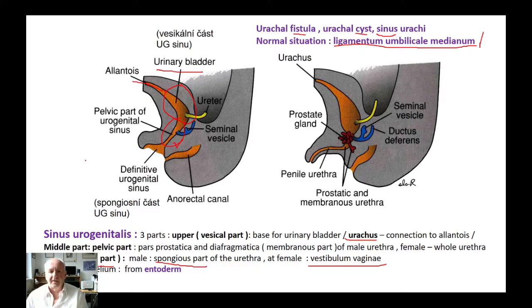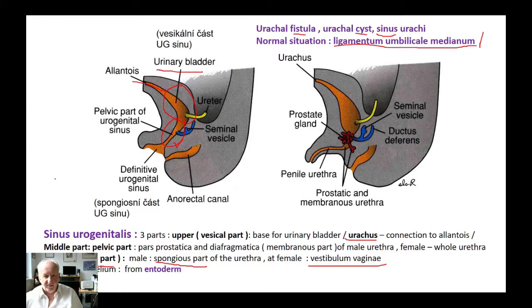The urinary bladder is lined with the transitional epithelium, urothelium, and here in this moment the origin is from endoderm. Like the epithelium in pars prostatica and diaphragmatica and spongiosa of the urethra.